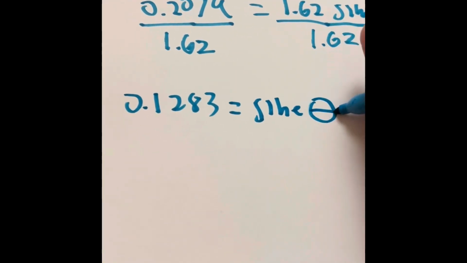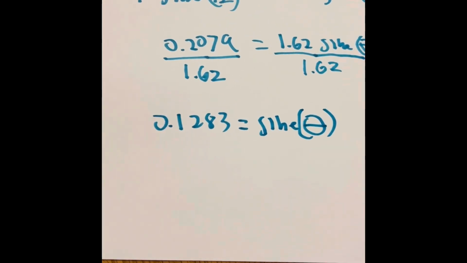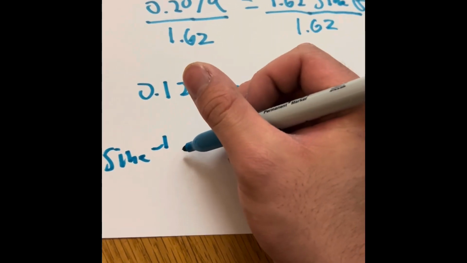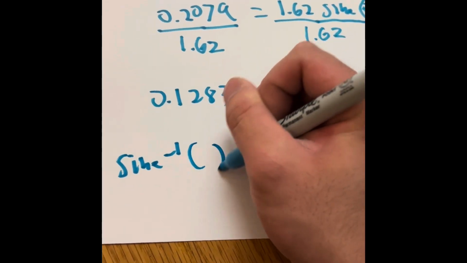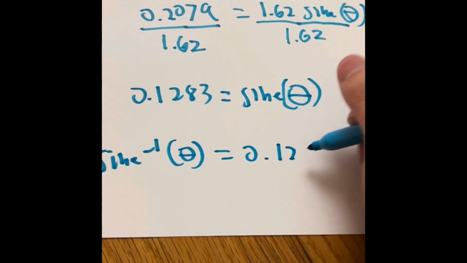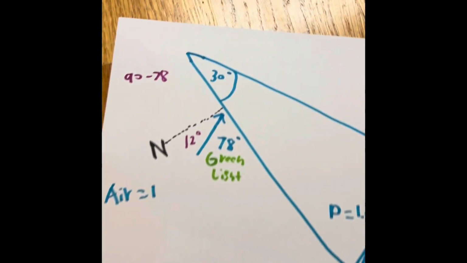But sometimes there are problems where we have to go a little bit further. We have to find the inverse sine, the sine to the power of -1, using an opposite trigonometric function, and that's going to equal 0.1283. That's going to determine the angle of refraction into the prism. What's going to happen? Let's find out.